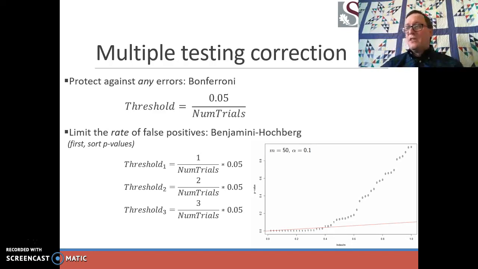So imagine that you're willing to have up to 5% errors among a set of genes that are called differential. That would mean that if your study found 20 genes were differential between these cohorts, one of those would be a wrong call. Most people are willing to accept that level of error.